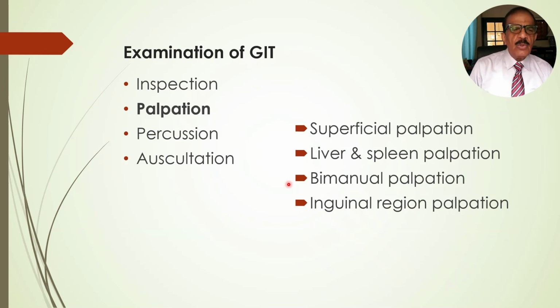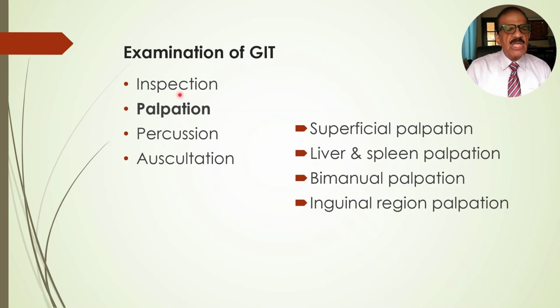To make it convenient for the patient, the inspection and palpation of the inguinal region can be done at the same time. It doesn't make any sense to first expose that area to inspect and then cover it, and then when you come to palpation, expose it again and palpate it. This part should be inspected and palpated at the same time.